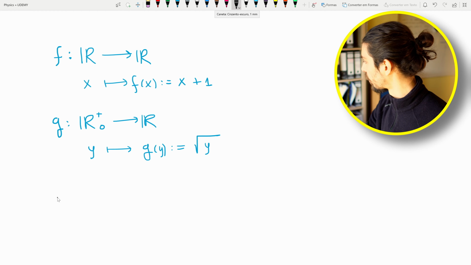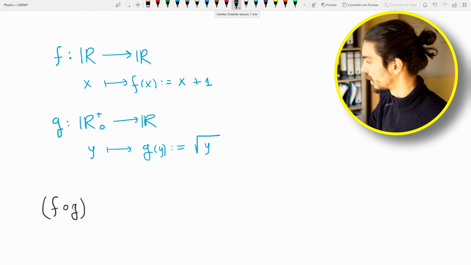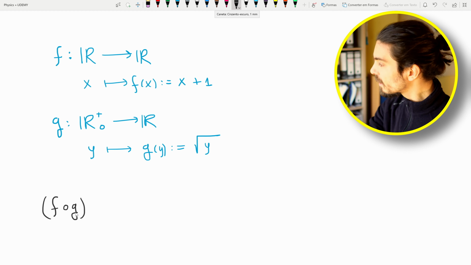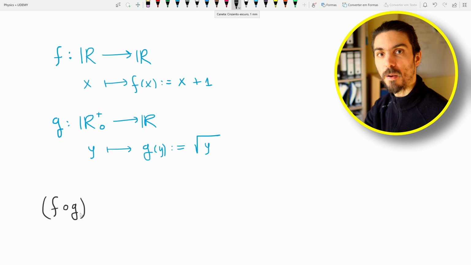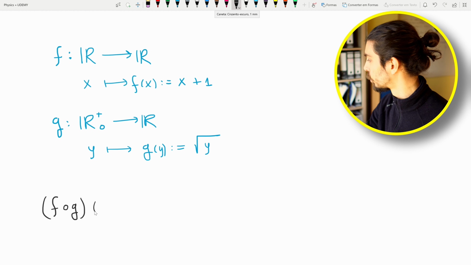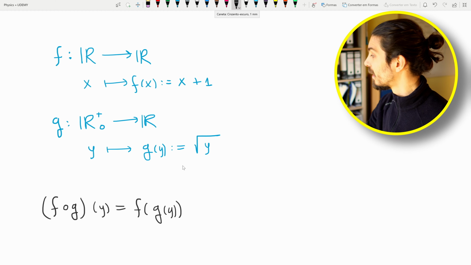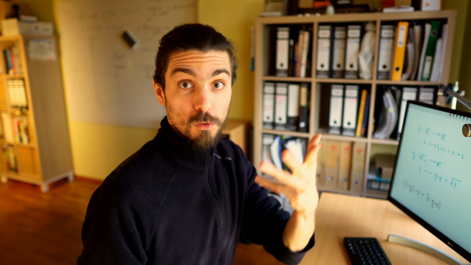So the composition of f of g, you see, first you act with g on the independent variable, but the independent variable of g is y, so this thing must act on y, and this number is, by definition, f of g of y. In turn, what is the number g of y?